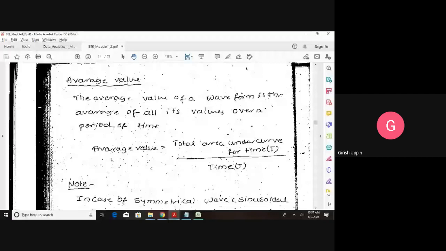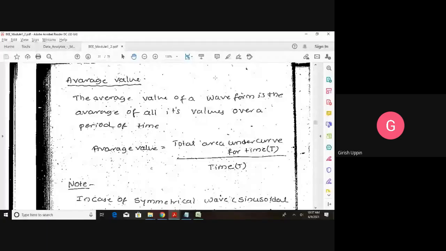The time taken for one cycle is called the time period, and the peak value has to be represented on the waveform. That is one way of representing.